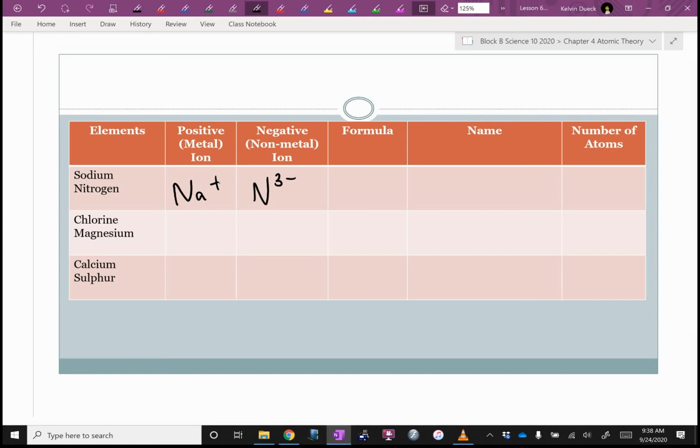What's the formula going to be? Na3N. Crisscross. What would you call this? Sodium nitride. How many atoms does this molecule have grand total? 4. You need 4 of these atoms to form one molecule of sodium nitride.